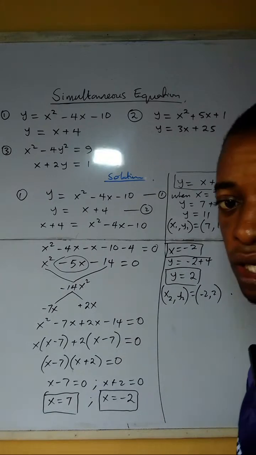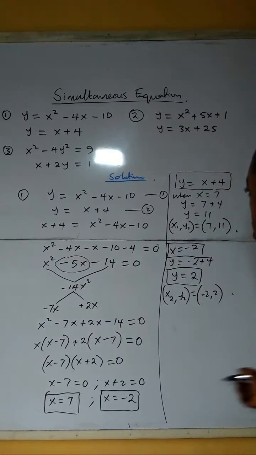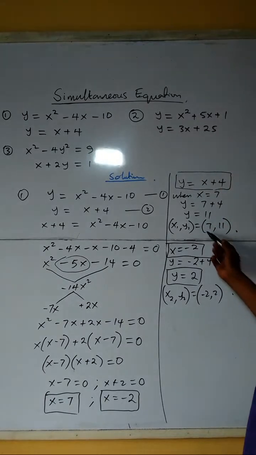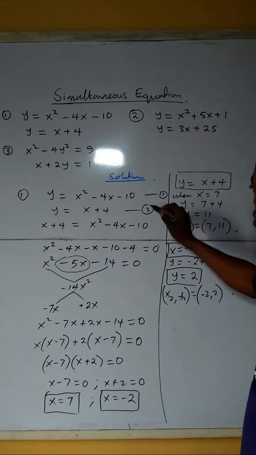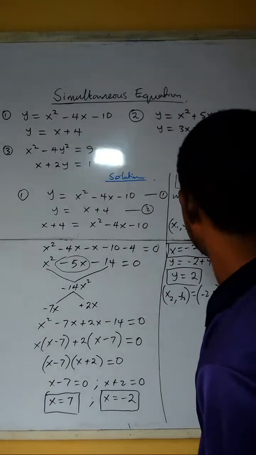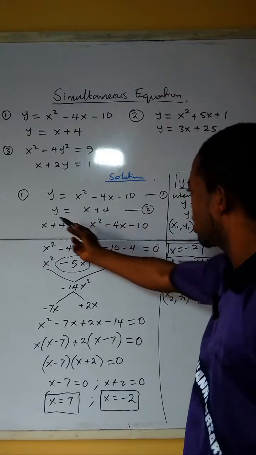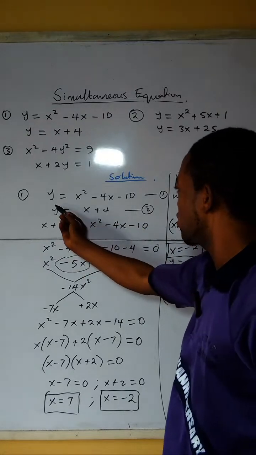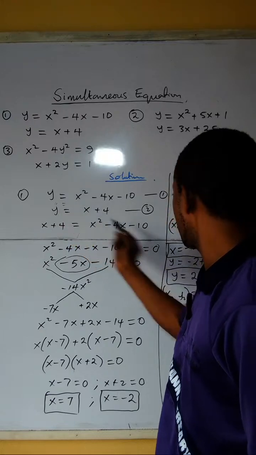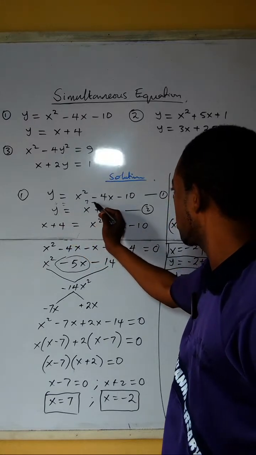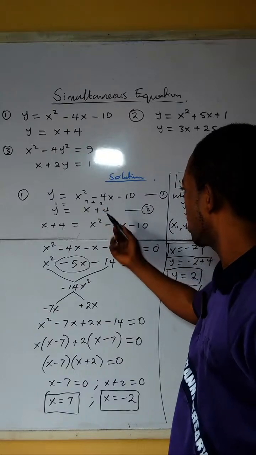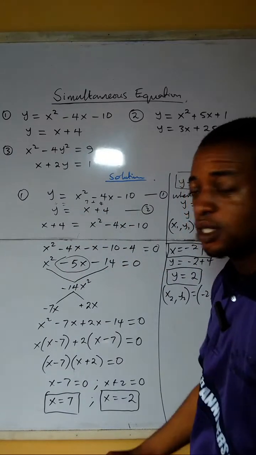Now we can run the check to confirm if this will satisfy the given problem. From the first set of solution, we can use equation 2. Substitute 7 as x and y as 11. So 11 equals 7 plus 4. Of course, 7 plus 4 is 11, which equals 11 on this side.